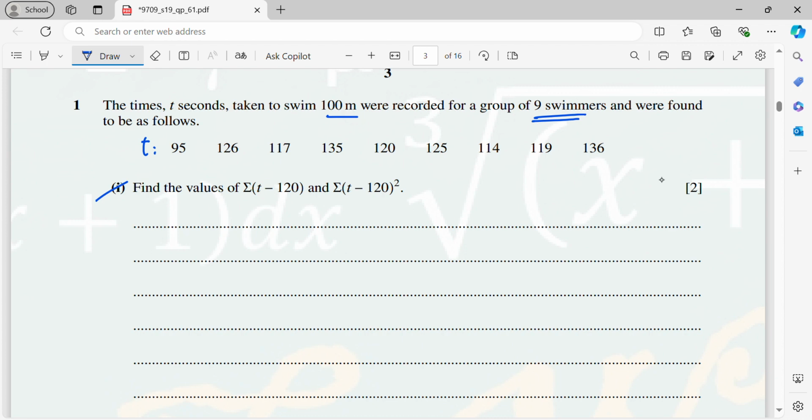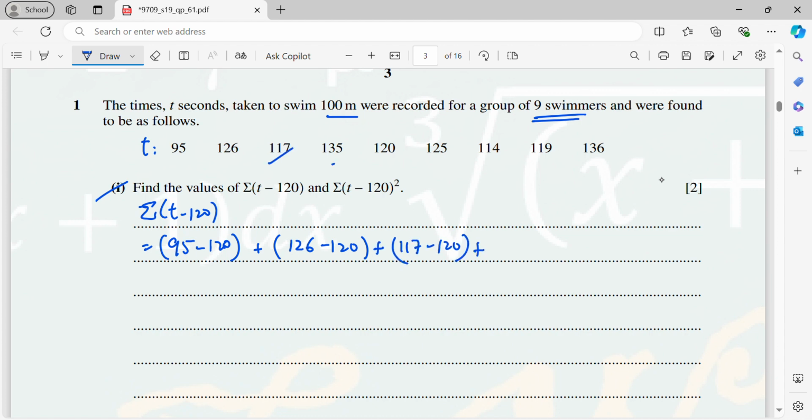Since all the t are given, I will just directly calculate t minus 120 from all the t. That means that is going to be 95 minus 120 for the first t, and then plus 126 minus 120, plus 117 minus 120.